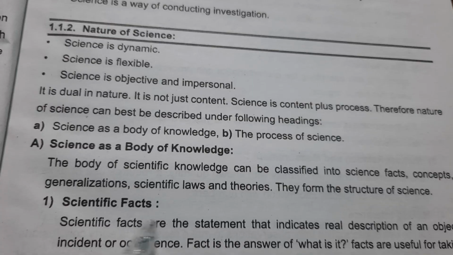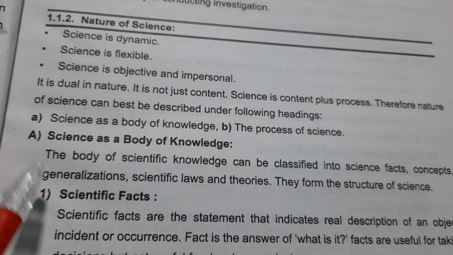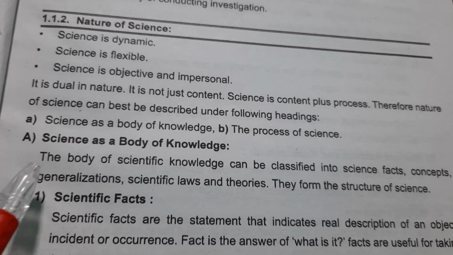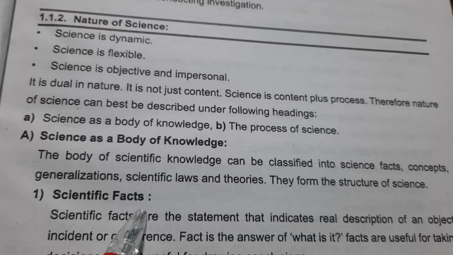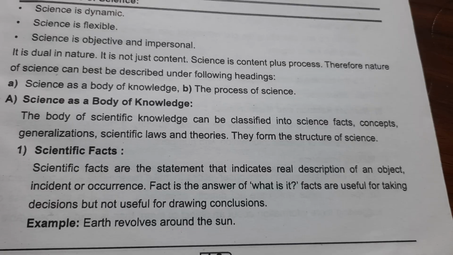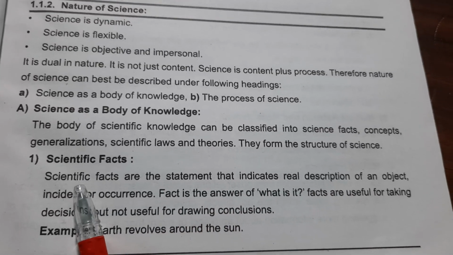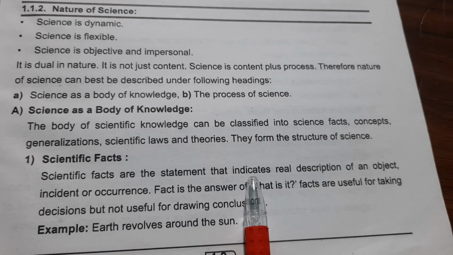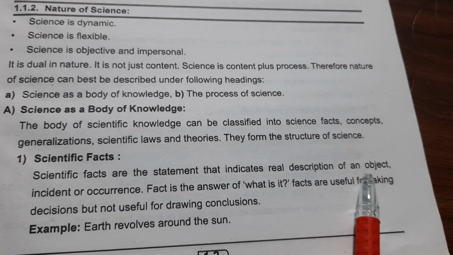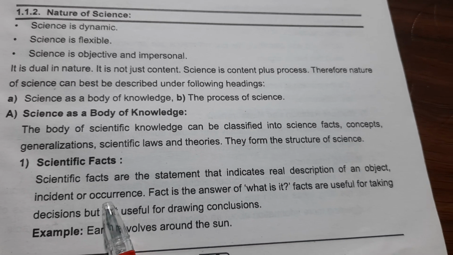Next we have the scientific facts. You all can take down the first point under science as a body of knowledge, that is the scientific facts. Scientific facts are statements that indicate a real description of an object, incident or occurrence.